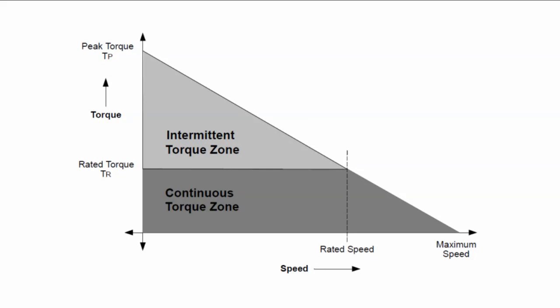Normally, with a curve like this one, torque is constant and then drops. This is the constant torque region, and this is the constant power region.